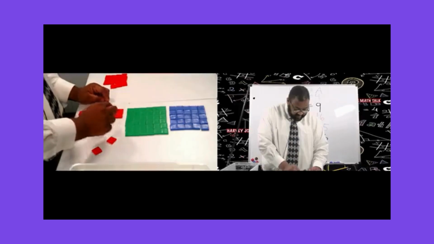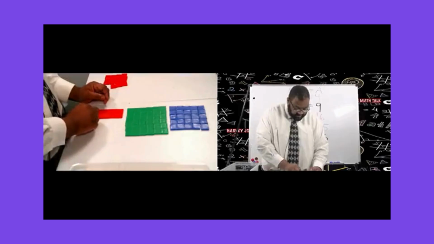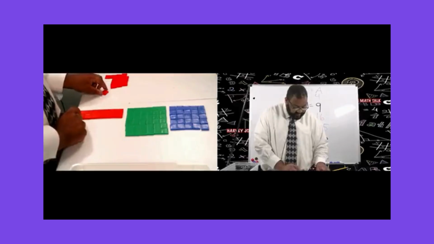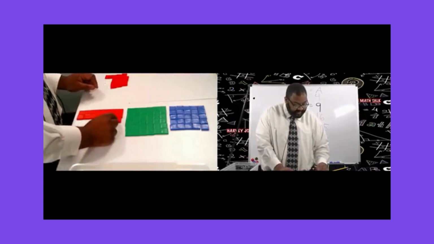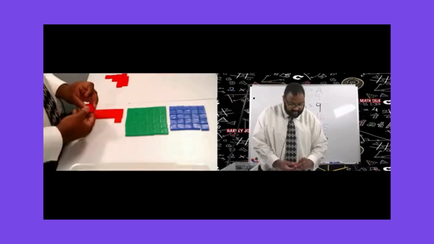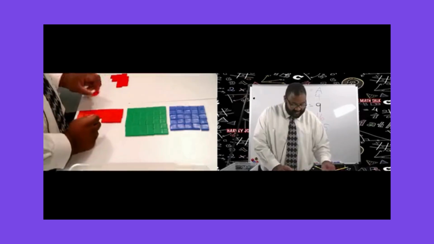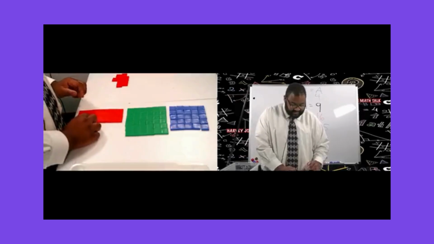So tonight I get to be a builder. So I was able to use manipulatives to show modeling. Once again, the blue is a 6 by 6. Length is 6.